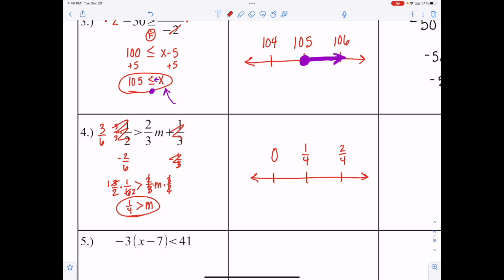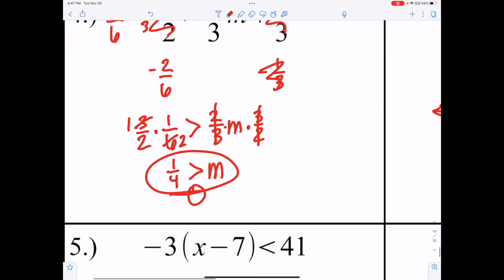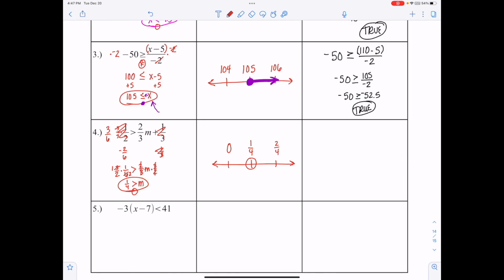Let's go ahead and look and see if there's any equal to, and there is not. So we have an open point. So we're just going to put an open circle there, and then we can go ahead and look at the variable. So again, starting at the variable, read it this way now. So m is less than. Less than means going to the left. Let me change colors here.